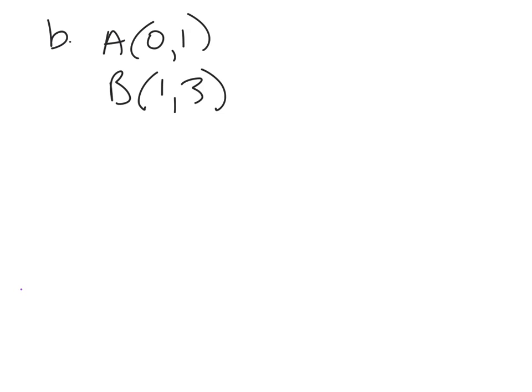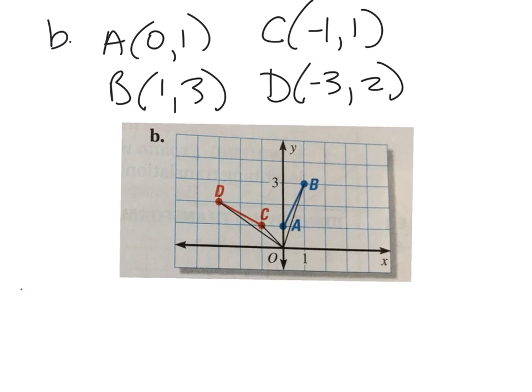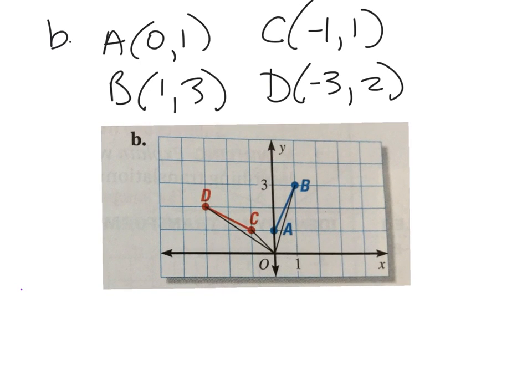Okay, so look at B. They give you the point A being 0, 1, and B 1, 3. C is -1, 1, and D is -3, 2. Again, you're going to sketch these two. You'll notice your origin is over here on the right compared to your second one.